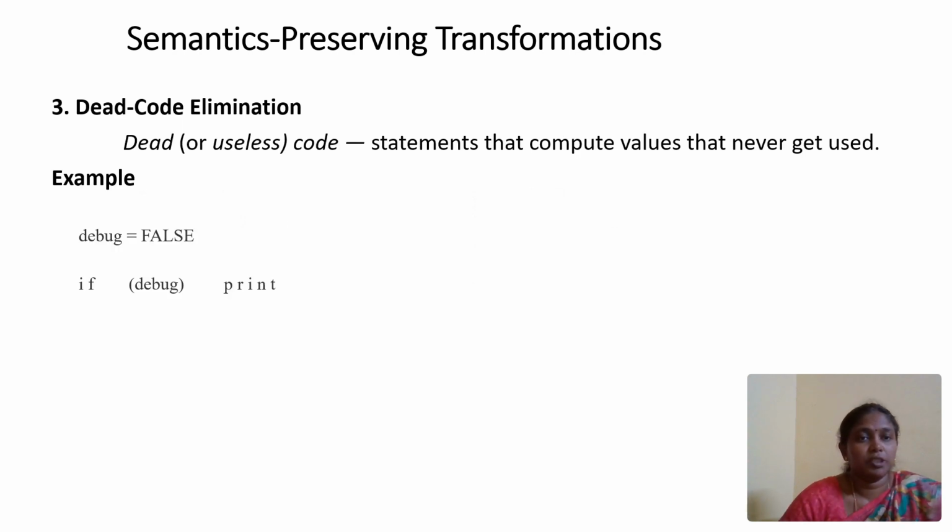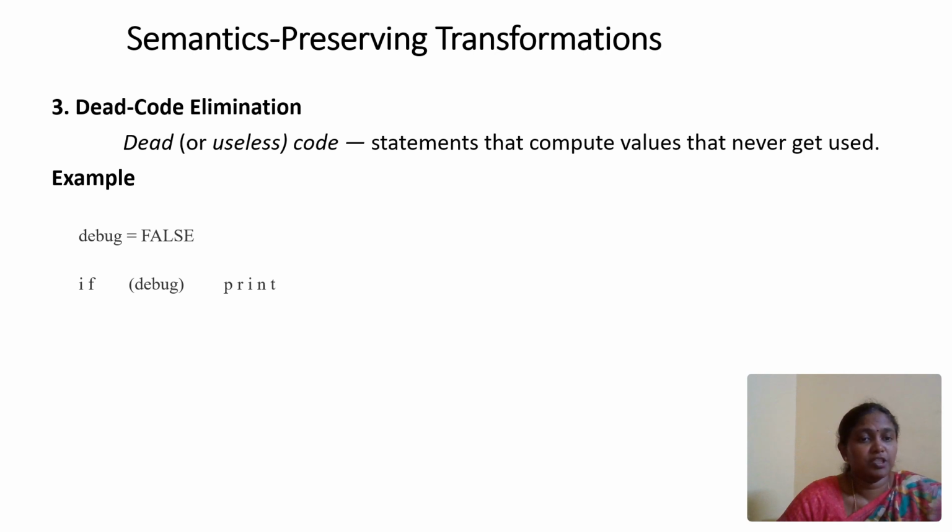Next one is dead code elimination. We need to identify the dead code and eliminate it in order to improve the efficiency of the compiler. A variable or a statement is live at a point if its value is used subsequently. Otherwise, it is said to be dead code or a dead variable. Here, debug equal to false.